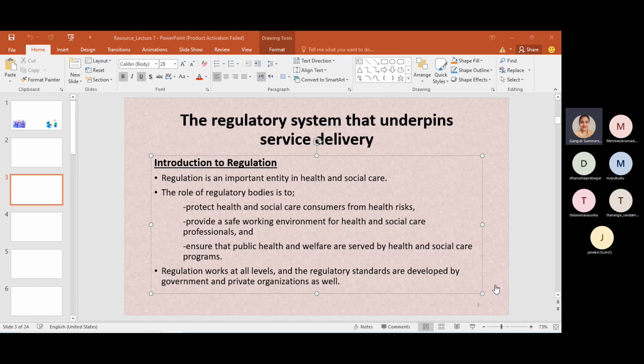In a few of our previous lectures, we discussed acts and regulations, and there I mentioned that regulation is a guideline that makes you follow the acts. Today we are not talking about those kinds of regulations. This regulation is different. Today we are talking about the regulation process done by regulatory bodies, which is something like supervision.